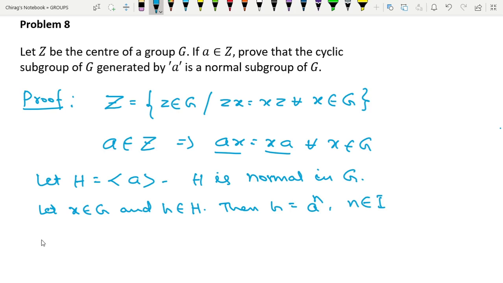Now consider x h x inverse, which is equal to x a to the power n x inverse, which is equal to (x a x inverse) whole to the power of n.